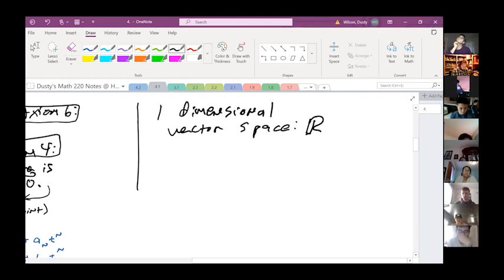We're going to talk later on today about another example of a one-dimensional vector space, or subspace, maybe it's better to call it a subspace. A one-dimensional subspace would be like the span of the vector 1, 2, 3, 4.